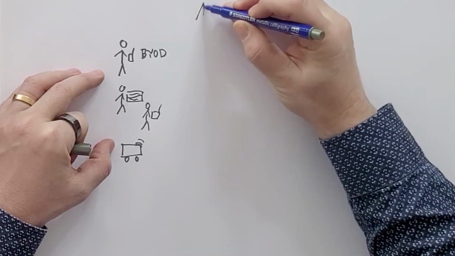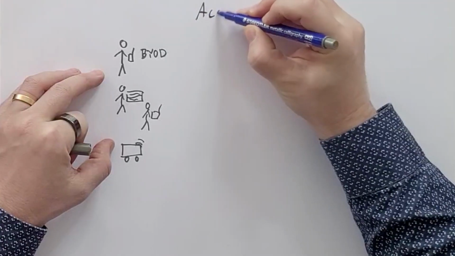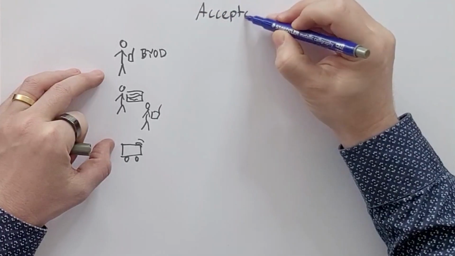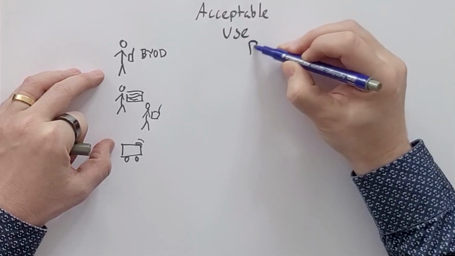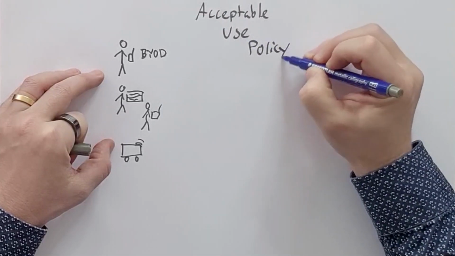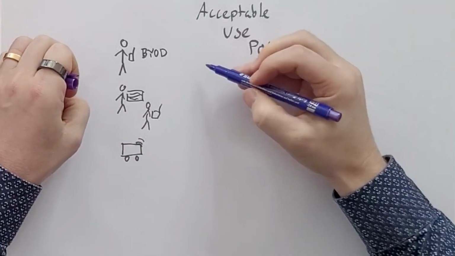Monitoring and managing what the employees are doing and allowed to do, we at AppLogicNetworks call acceptable use policy. And there are many reasons why you may want to do this.